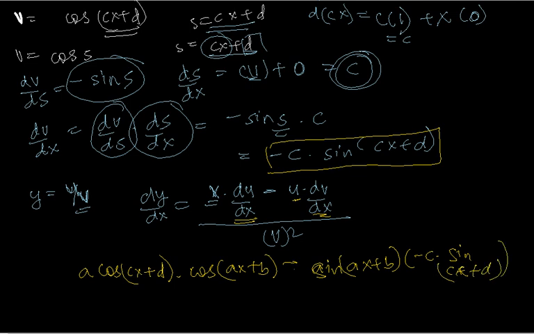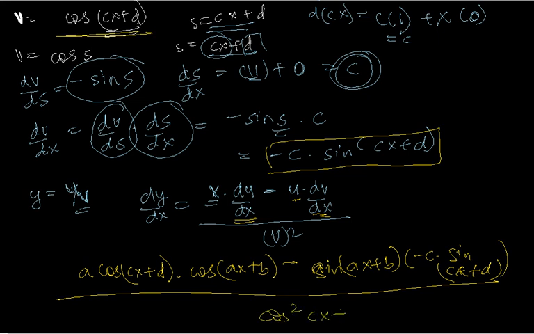Now this minus minus would become plus, upon the value for v square, which is cos square of cx plus d. So this is your dy by dx in this case.